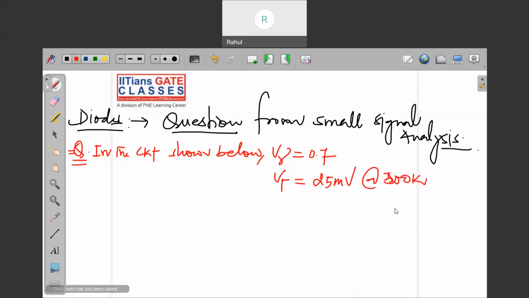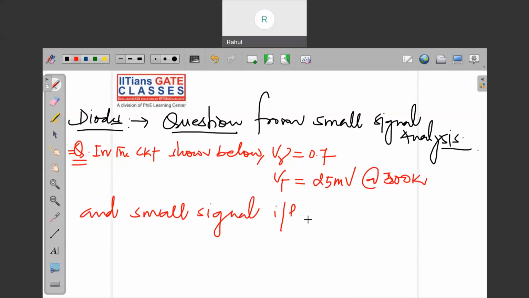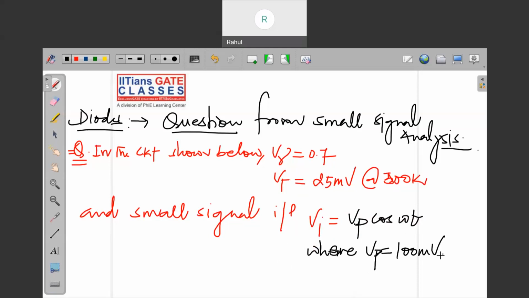And the small signal input, Vi, is given as Vp cos omega t, where Vp is 100 millivolt, you can say 0.1.